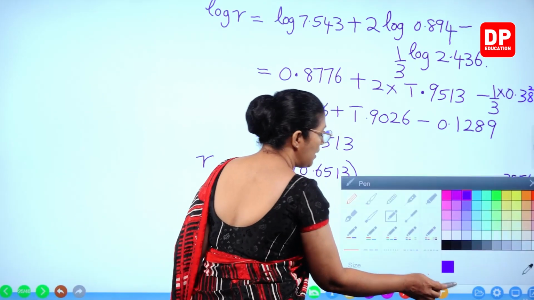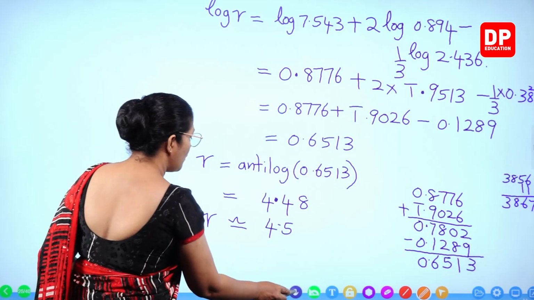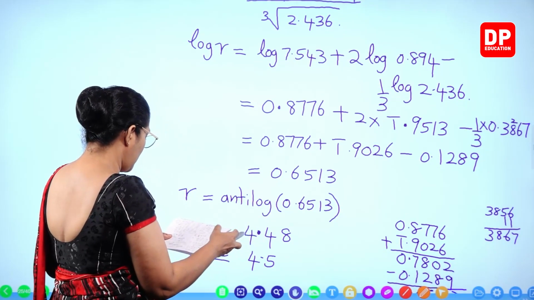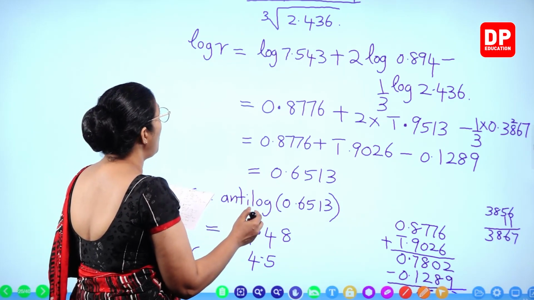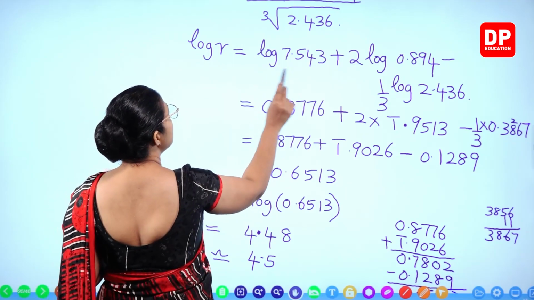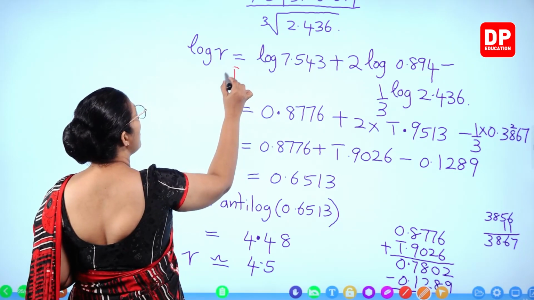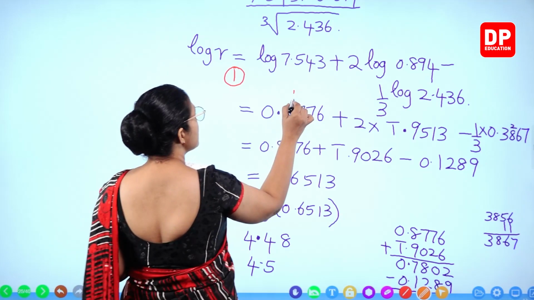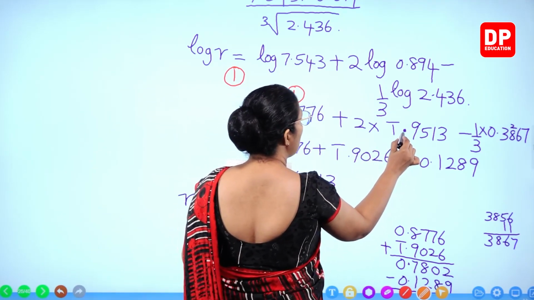So let's see how many marks. We gave 5 marks before. So here you get 5 marks for the whole question. You will get here 1 mark for each step. Here, taking logarithms, 1 mark. And then 8776, 1 mark. 9513, 1 mark.